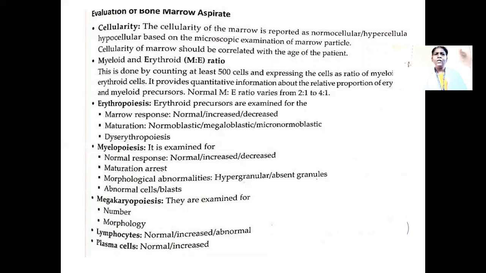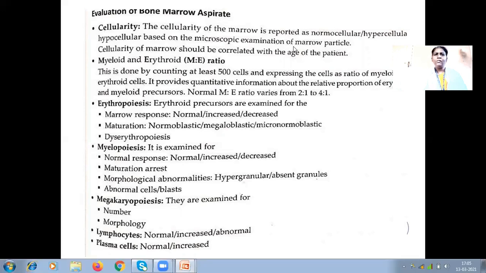Then the myeloid erythroid ratio. This is done by counting at least 500 cells and expressing the cells as a ratio of myeloid to erythroid cells. It provides quantitative information about the relative proportion of erythroid and myeloid precursors.